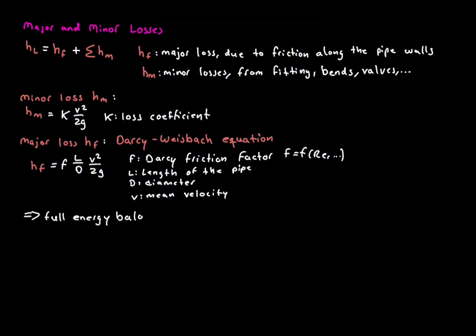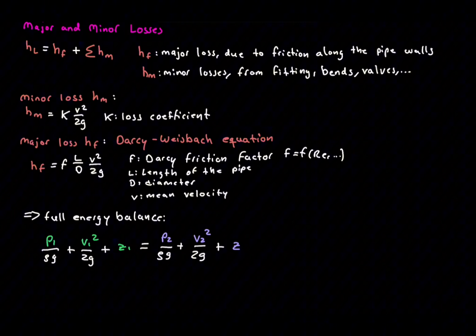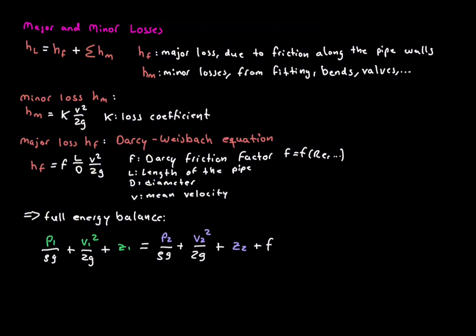So our complete real-world Bernoulli equation becomes pressure 1 over density g plus velocity 1 squared over 2g plus z1 equals pressure 2 over density g plus velocity 2 squared over 2g plus z2 plus f times L over d times velocity squared over 2g plus the sum of k times velocity squared over 2g for every fitting.